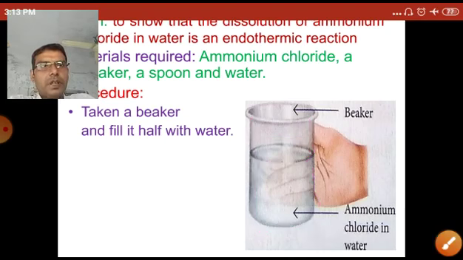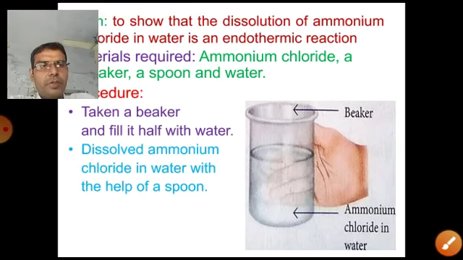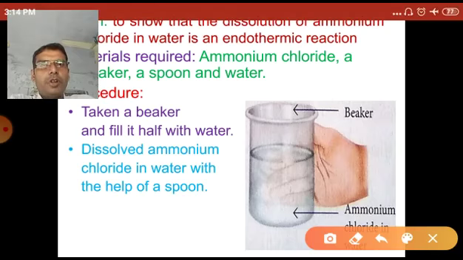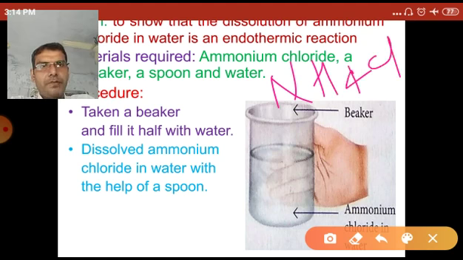Then dissolve the ammonium chloride, NH4Cl, in the water with the help of a spoon. So add the ammonium chloride to the water and dissolve it with the help of a spoon.